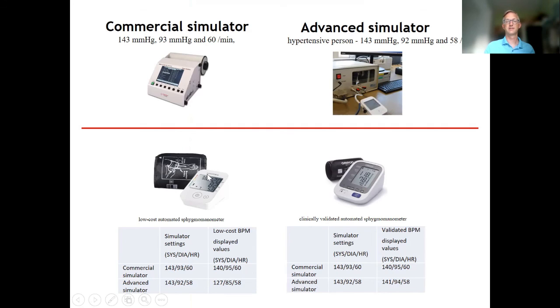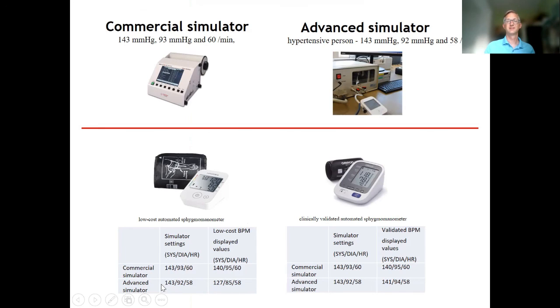So this worked. But then we used another device, and this was a low cost, really not expensive device, also an upper arm device, and we used it again with the commercial simulator and the advanced simulator. And what we found out is that with the commercial simulator, the device was actually pretty good. 3 millimeters of error in systolic and 2 millimeters of error in diastolic pressure, which is okay.